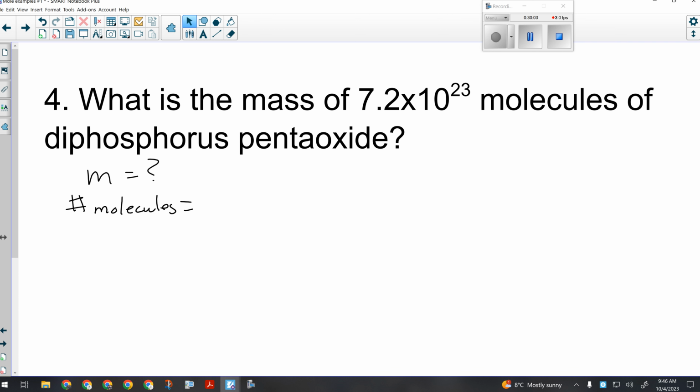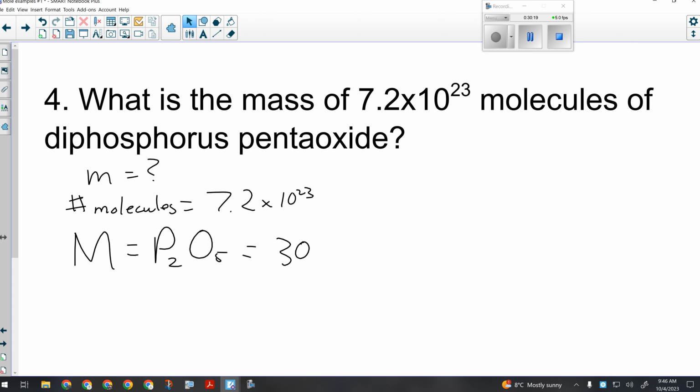7.2 times 10 to the 23. And it is diphosphorus pentaoxide, which will help me get the molar mass. So we will have 30.97 times 2 plus 16 times 5.